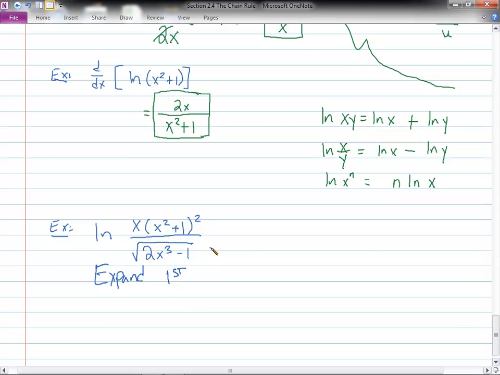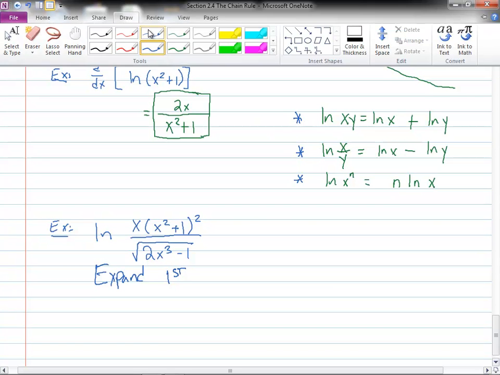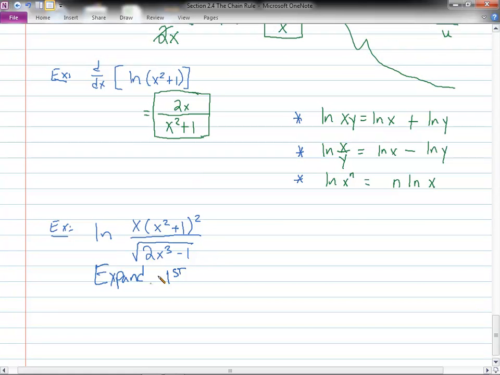Now, what do I mean by expand? Well, I can apply all 3 of these rules right here to rewrite this expression. First of all, it's a quotient, right? So it's like the numerator, natural log of the numerator, x squared plus 1 squared, minus the natural log of the denominator, which is square root of 2x cubed minus 1. By the way, as always with derivatives, what do I actually want to do with that square root?